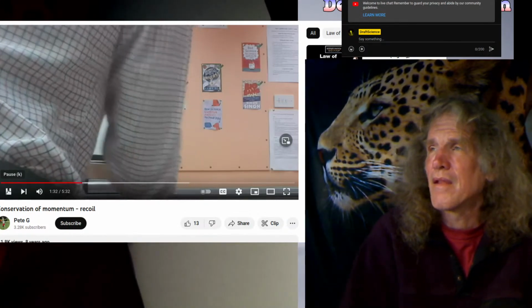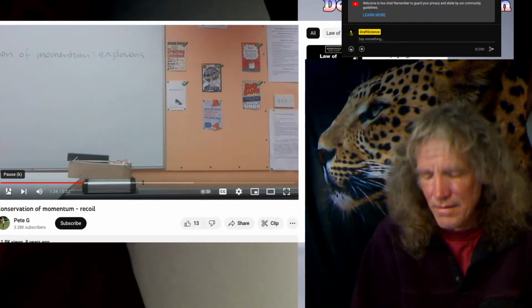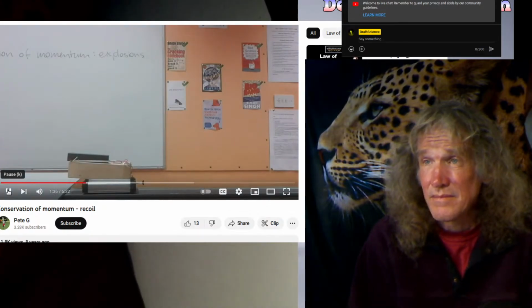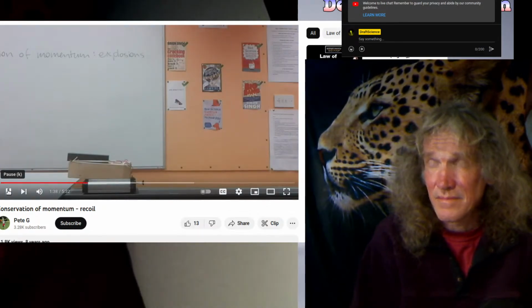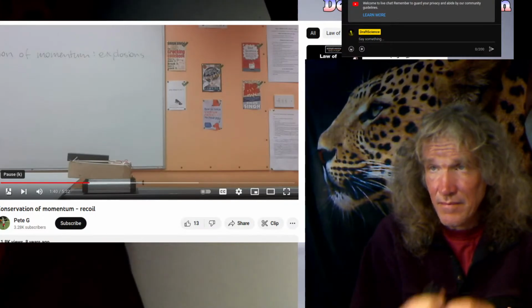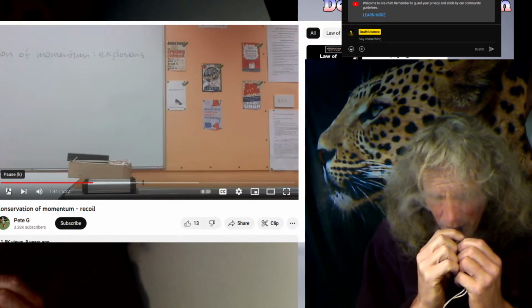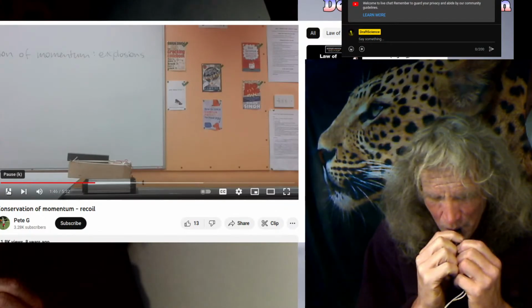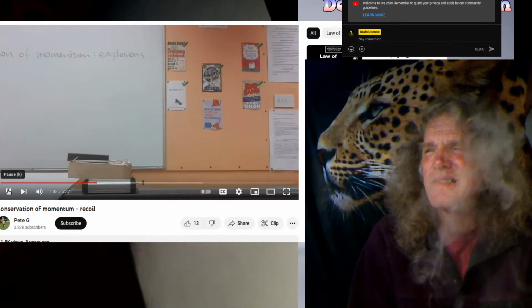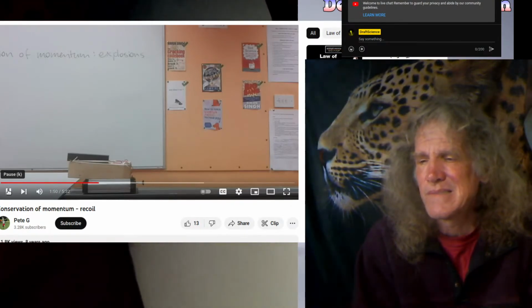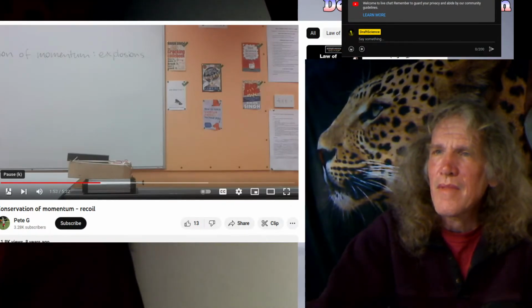Let's get that bit of string out of the way. The gun is going to fire the weight off to the left. And if the weight fires off to the left and nothing else happens, then that looks like momentum is being created, because before this event happens, there's currently zero total momentum before.